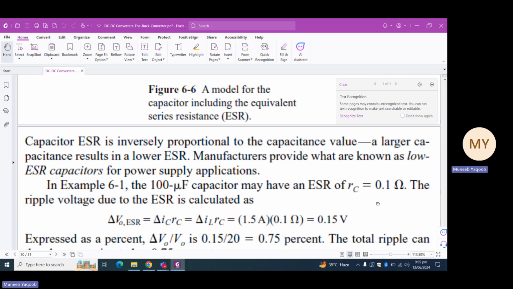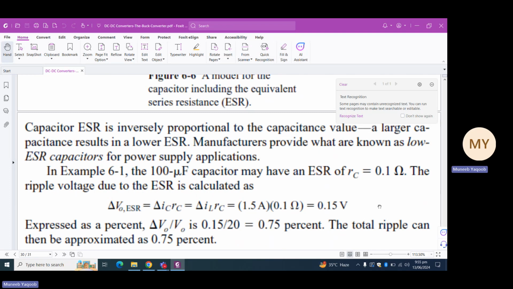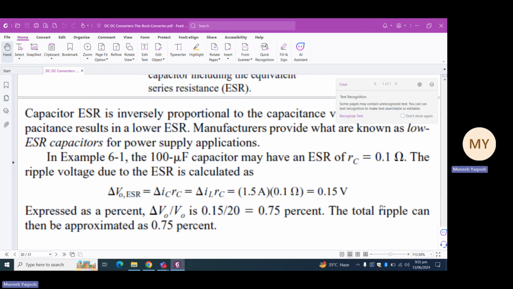So if we now calculate the percentage ripple due to only this ESR ripple, it becomes 0.15 upon the output voltage, that was 20 volts calculated in the previous example. So it is 0.75%.